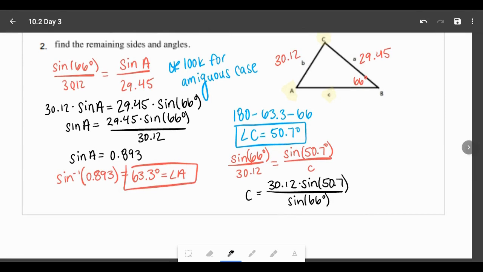And we end up getting that side C is approximately 25.5 centimeters.